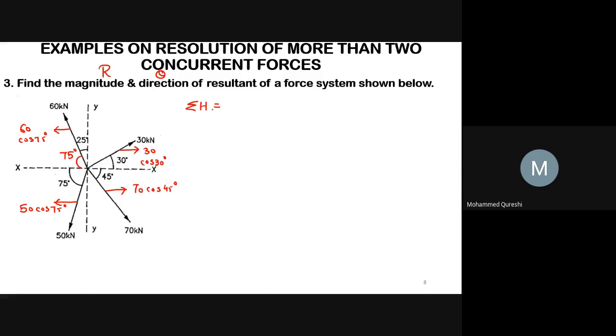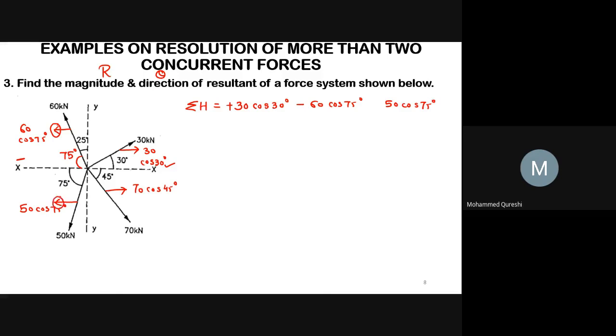So first of all, we will put all the horizontal forces in this equation. So sigma h equals: first value is 30 cos 30 degree. It will be plus. Then 60 cos 75, but it is in the second quadrant, and in the second quadrant it is negative, so minus 60 cos 75 degree. Then our third component, 50 cos 75 degree.